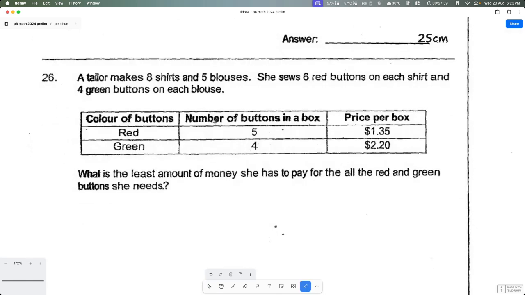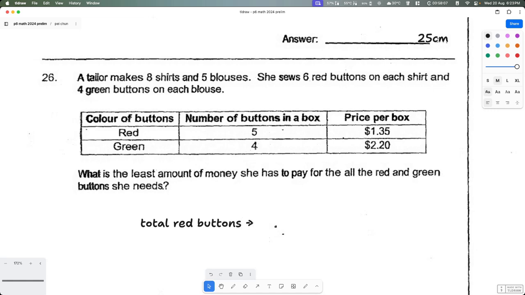Question 26. Taylor makes 8 shirts and 5 blouses. She sews 6 red buttons on each shirt and 4 green buttons on each blouse. So, color of buttons, number of buttons in the box, price per box. What is the least amount of money she has to pay for all the red and green buttons she needs? Okay, so total red buttons is equal to, for shirts, 8 times 6, which is equal to 48.